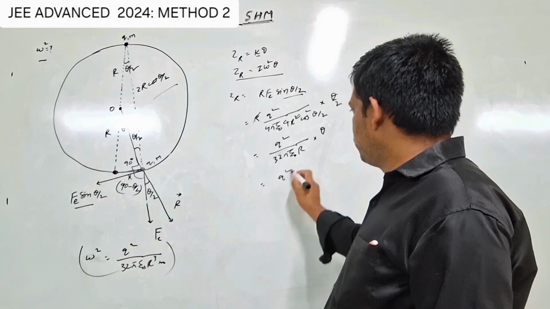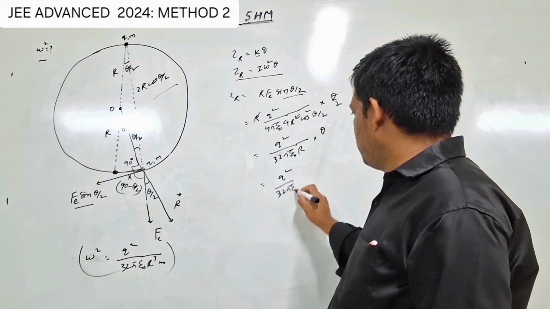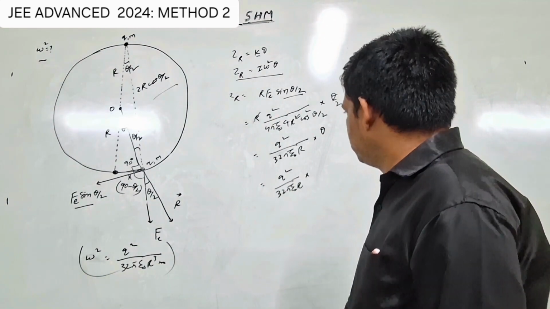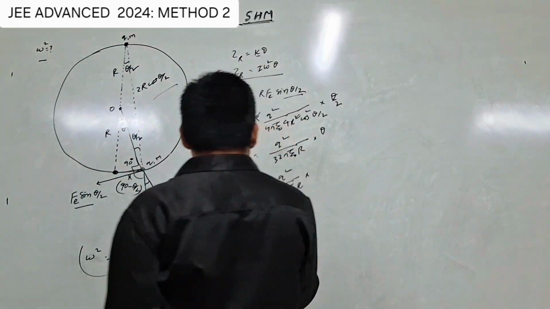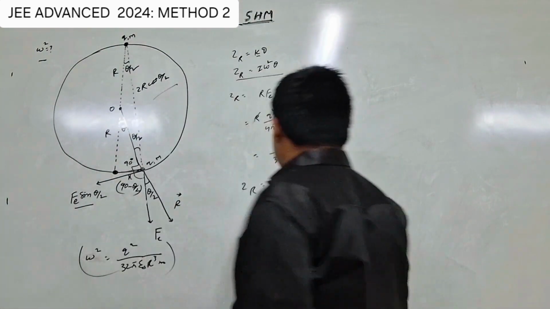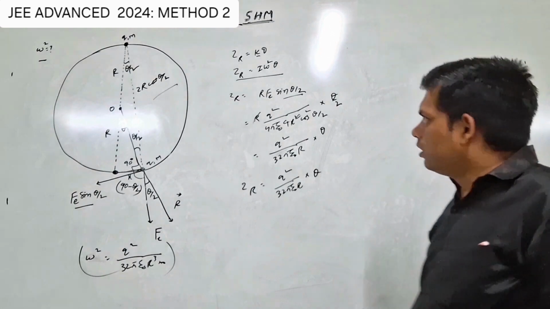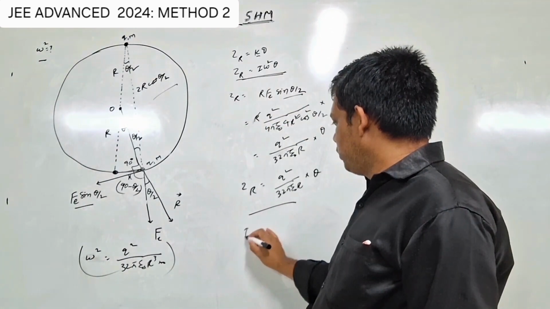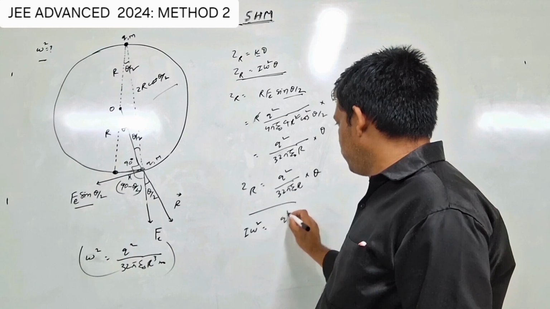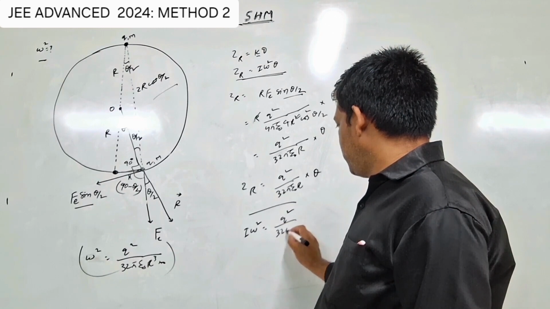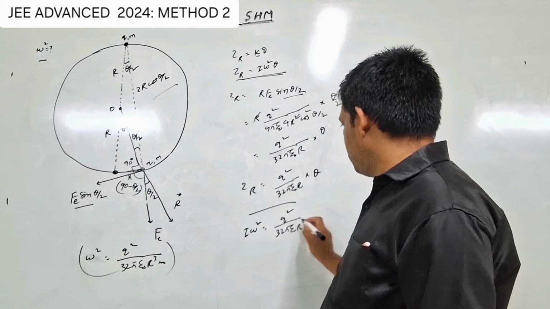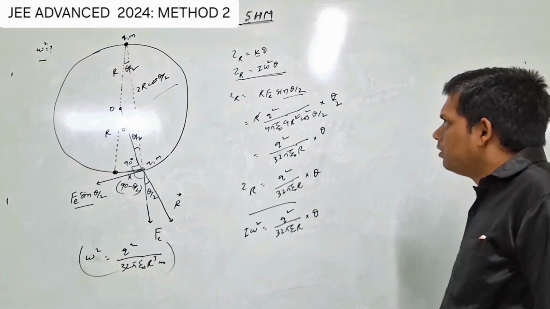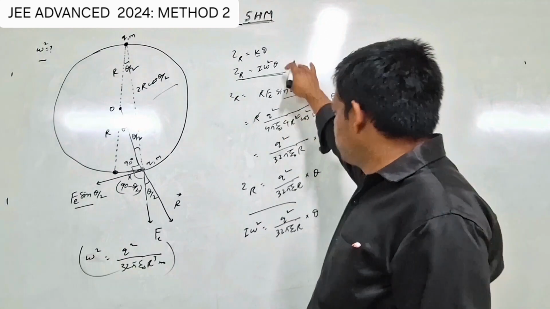This will be equal to q square upon 32 pi epsilon naught R into theta, and here we can write it for R equal to this. Now we will compare this equation to this equation. So I omega square theta will be equal to q square upon 32 pi epsilon naught R into theta.